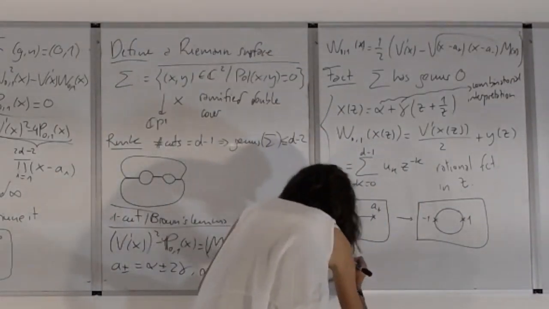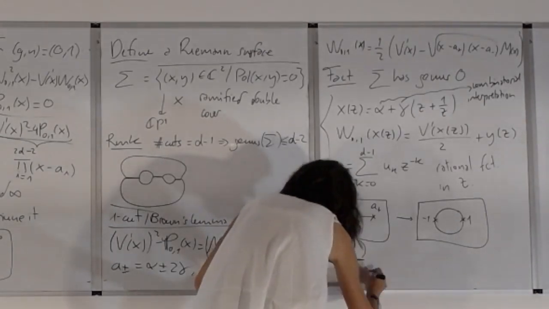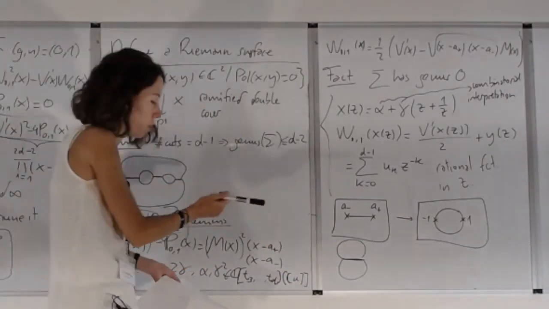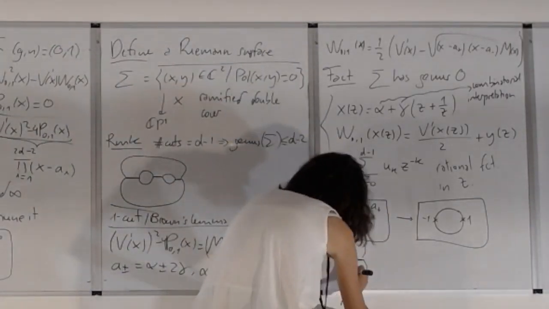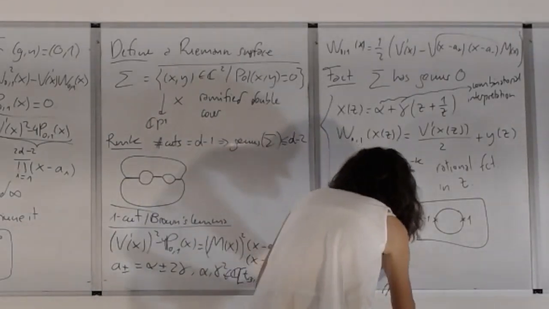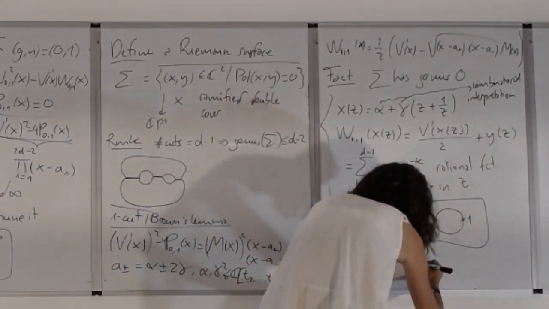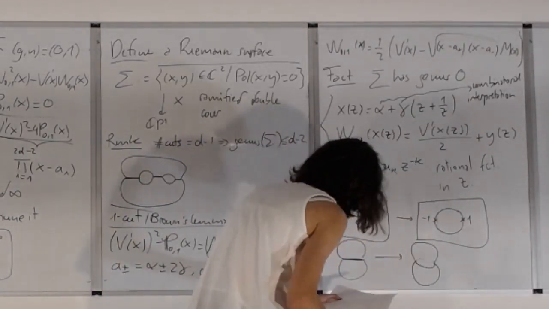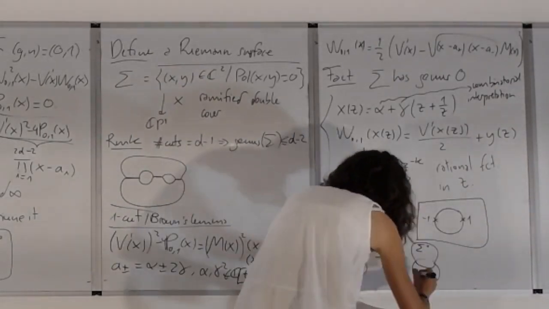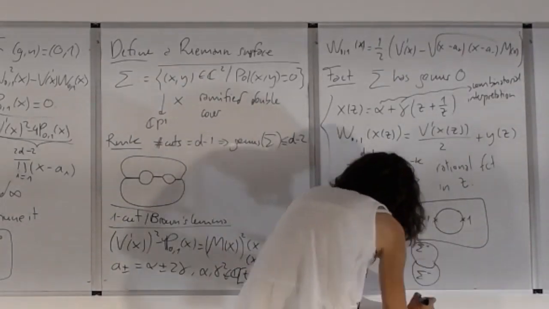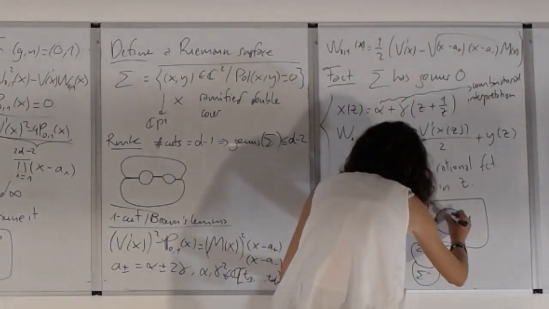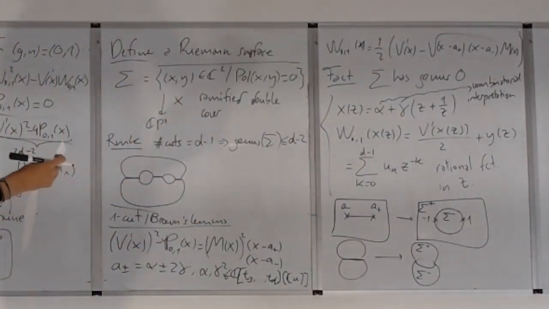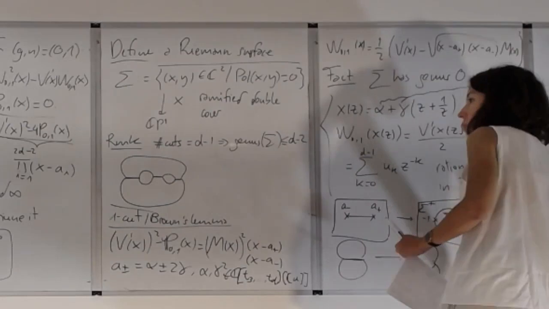Maybe it's easier to see if I draw it like this. Okay, this was our guy that like this one, but it's of genus 0 because we showed that there is only one cut. So these are spheres. And then here we have opened the cut. So this has turned into this double cover. Okay, here we have sigma plus, sigma minus, and this is sigma plus and sigma minus represented in here. Yeah. So this is the idea of what the X does.